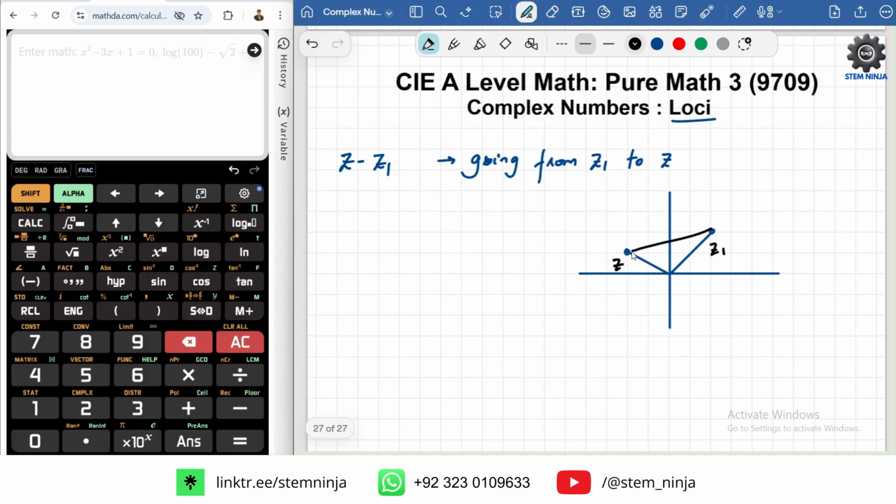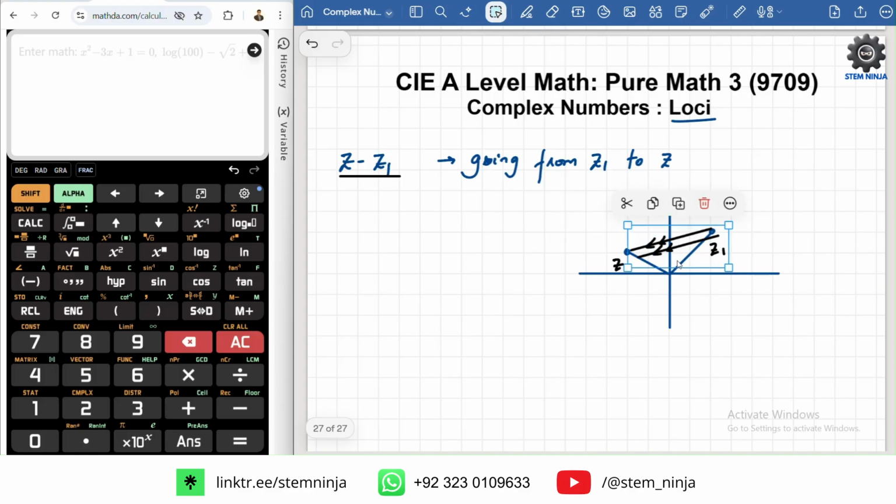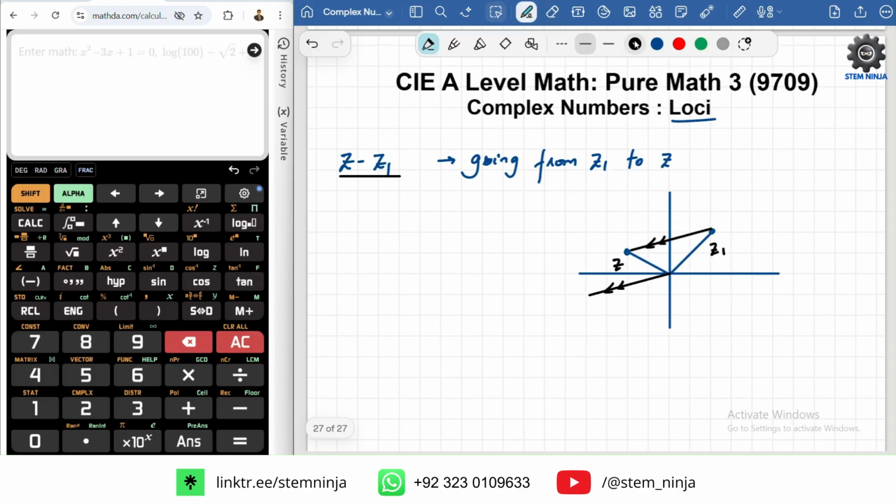So z minus z1 will actually be this particular vector. But z minus z1 will itself be its own complex number. So how will we represent that one? That one would be just simply starting from the origin. So this is your z minus z1, its own complex number.